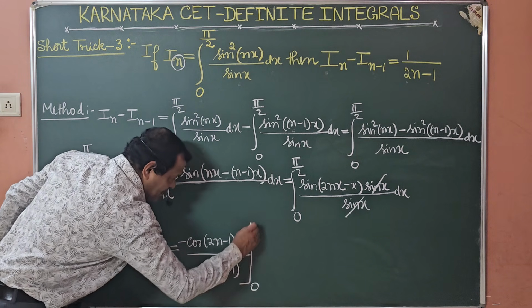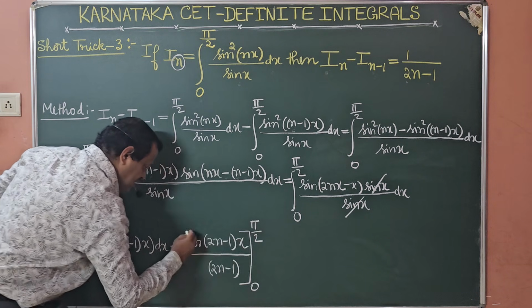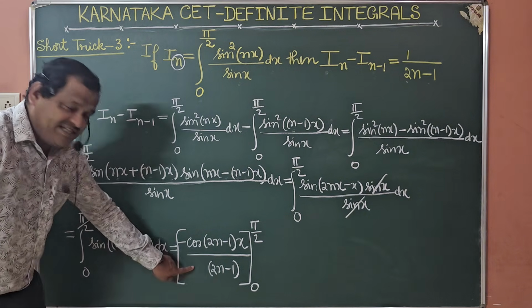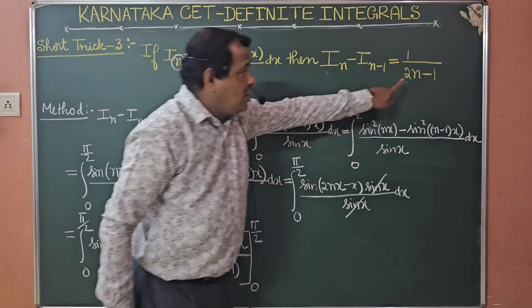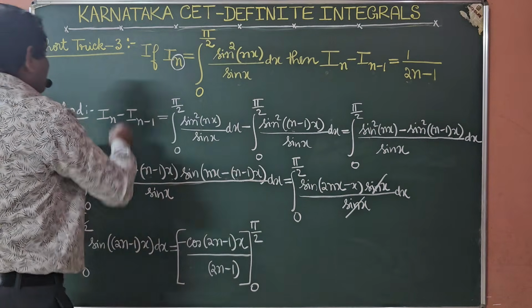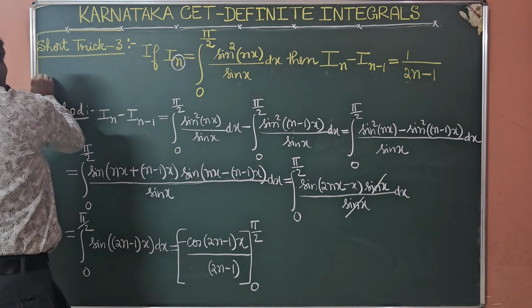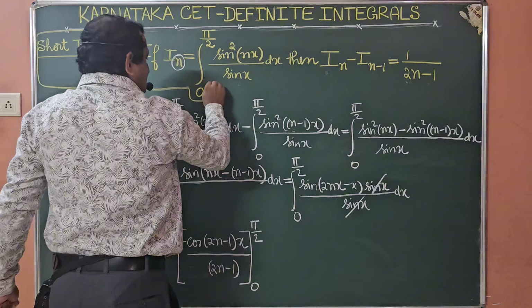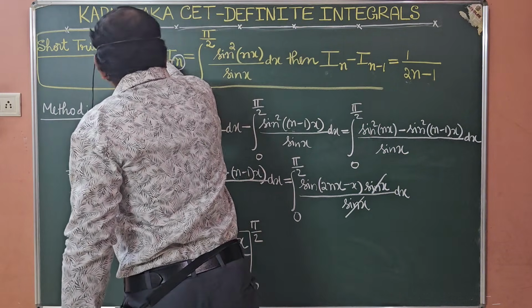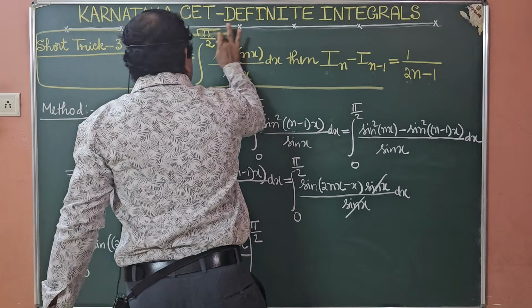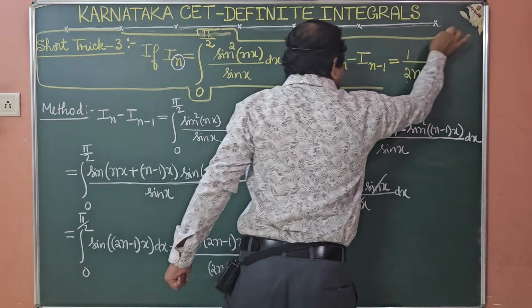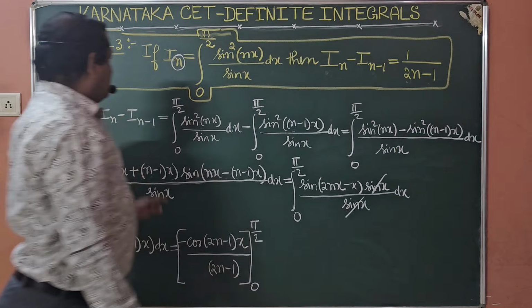Calculate between the limits 0 and pi by 2. Thus, this is easy. This you can manage on your own, and this answer will come out 1 by 2n minus 1. But when it comes to CET and competitive exams like KCET, JEE Mains, etc., I request you commit to memory this as a short trick.